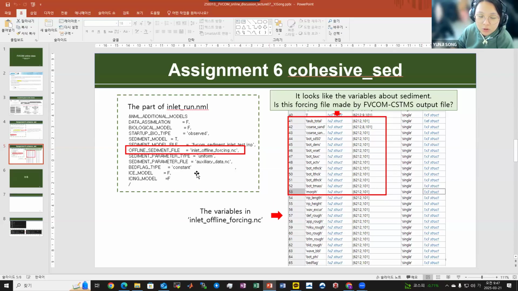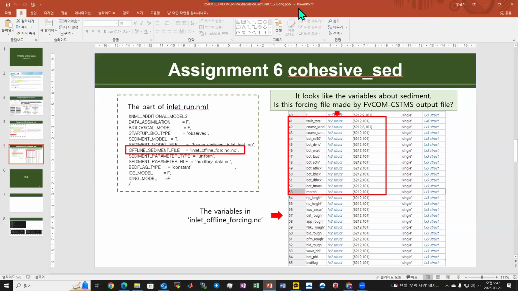So I want to know how we can make it. Is this offline forcing file made by a pre-simulation of the sediment model? That's my question. Okay, I stop sharing.